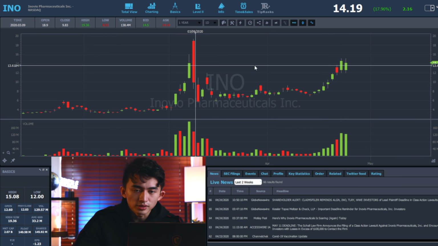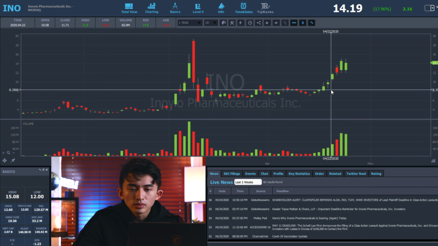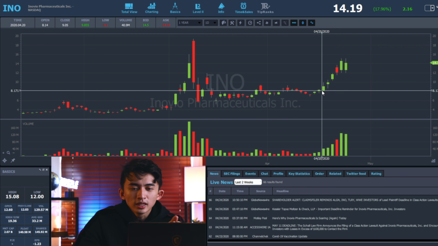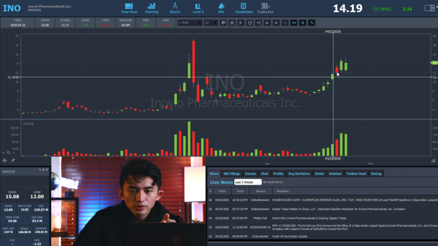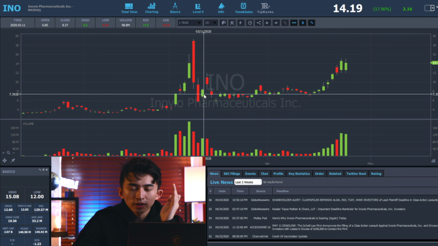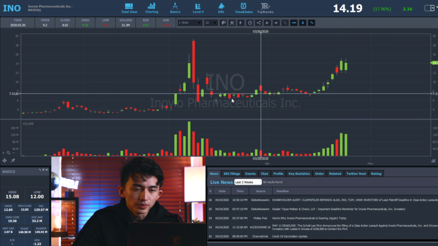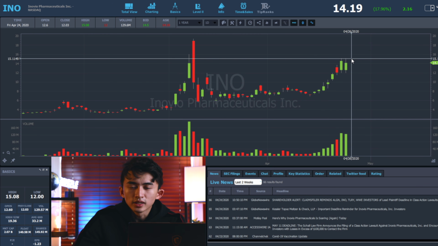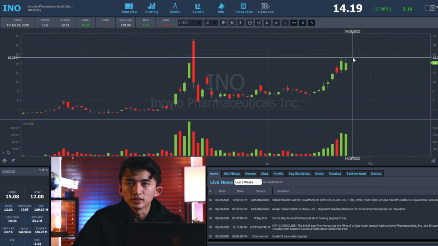And INO starting from 8 to 15, so overall only 100%, took 1, 2, 3, 4, 5, 6 days. Compared to the speed of going up, 4 to 20, that's about 500%. 8 to 15 is only about 100%, and it took longer to get up there.